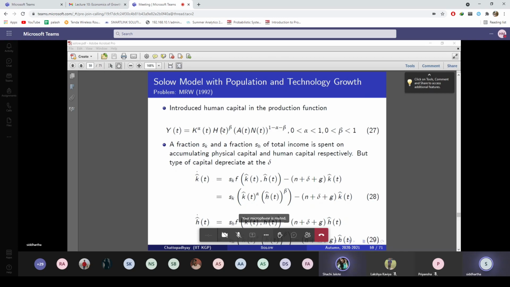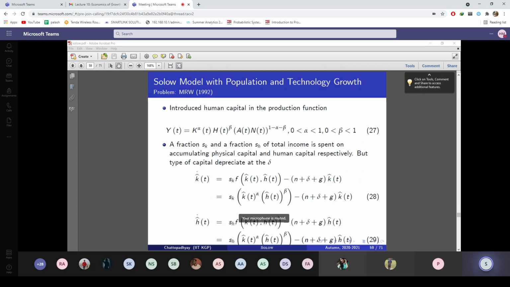Okay. So the trick, I'm saying again, you just have to check whether the production function is only labor augmenting or both labor augmenting and capital augmenting. If it is only labor augmenting, you define in the fundamental equation your hat variable as, let's say if you are defining small x hat, it will be capital X_t divided by A_t N_t.